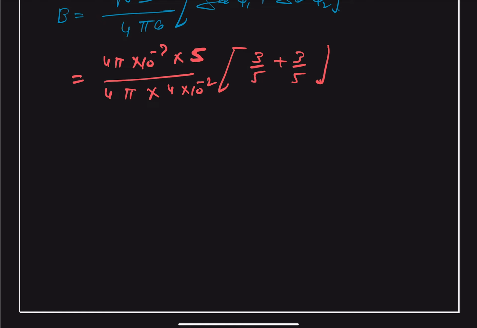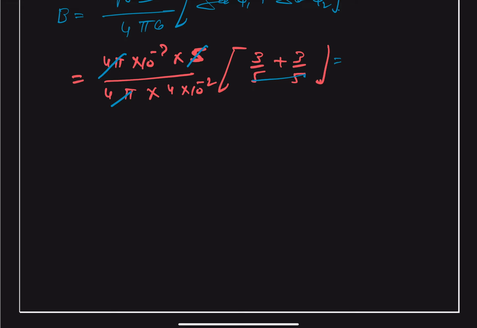So most of the terms here, this 4 pi and 4 pi goes away, and this comes as 6 by 5. Okay. So this 5 also goes away, and this comes as 2. Okay.